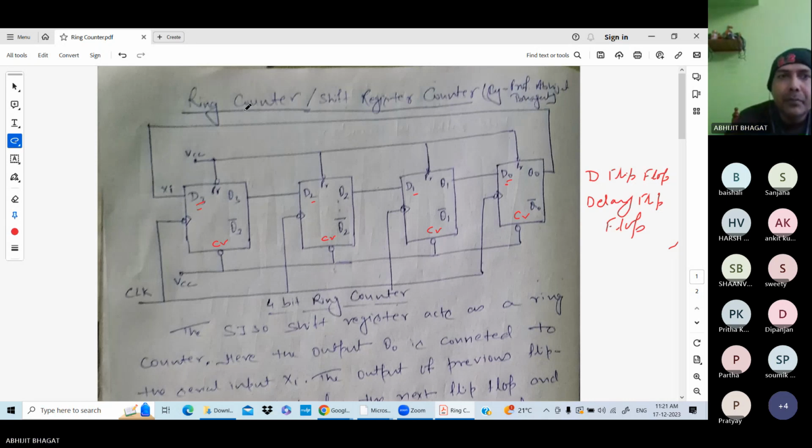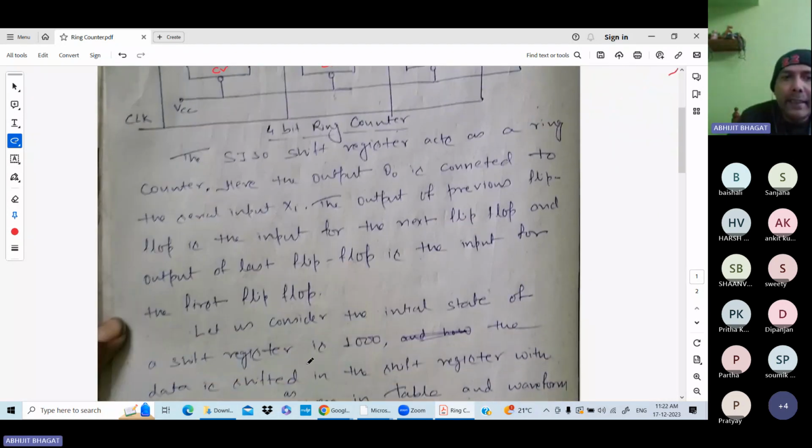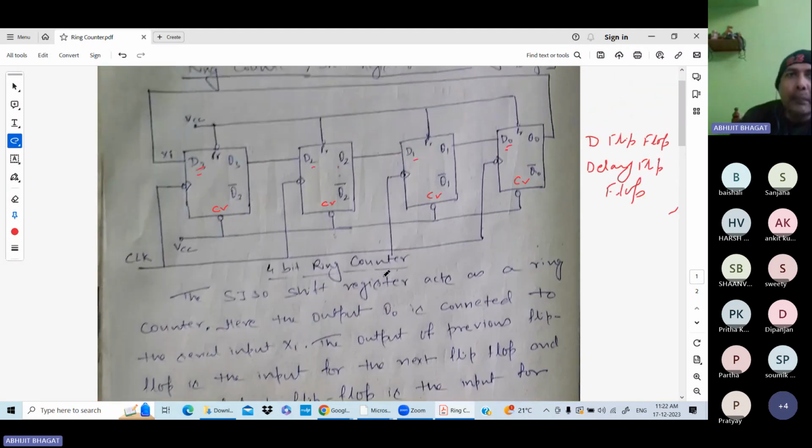Next, this ring counter is also called a shift register counter because here the data is shifting. Now suppose in this case the initial value is 1000. Initially we set the data as 1000.